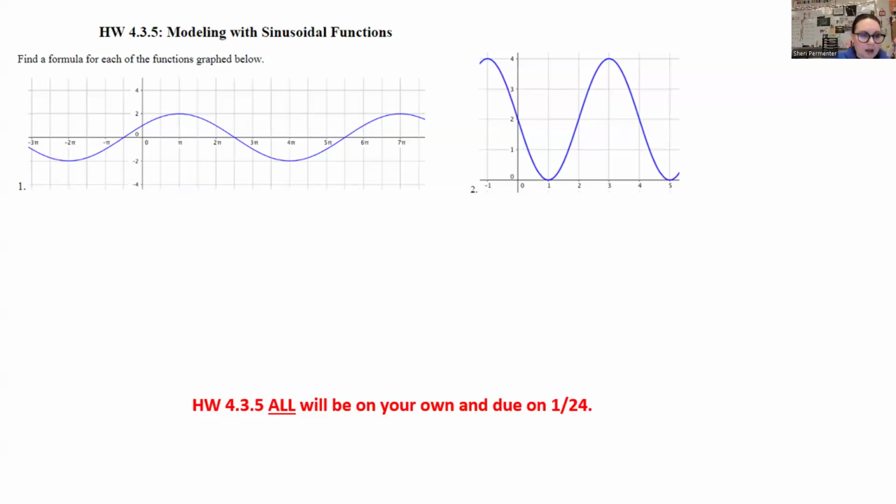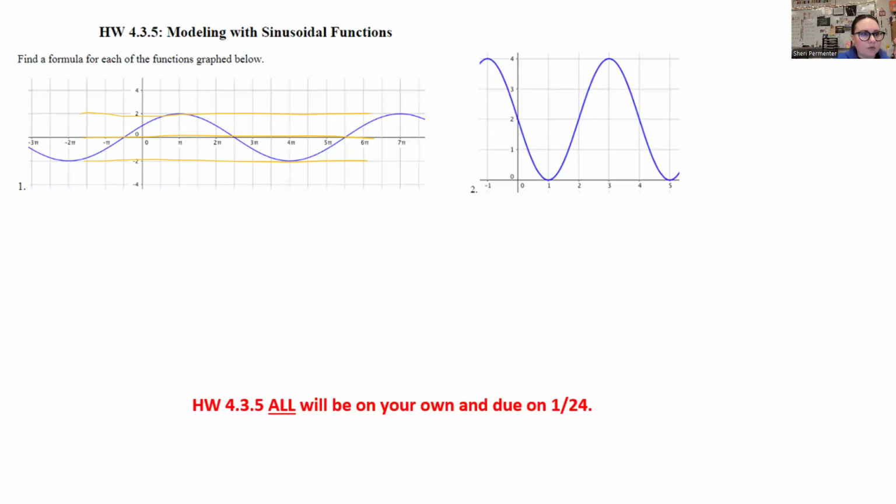So I'm going to just identify that I've got my top, my middle, and my bottom line. Everybody see that? You have to identify your top, middle, and bottom line to figure things out.